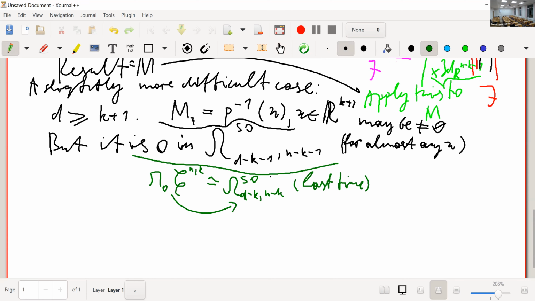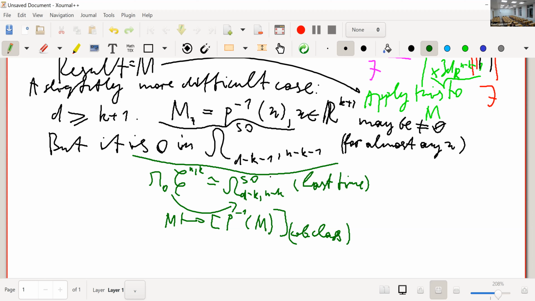So the map takes an M to the cobordism class of P minus 1 of M. And last time we proved that this is an isomorphism.